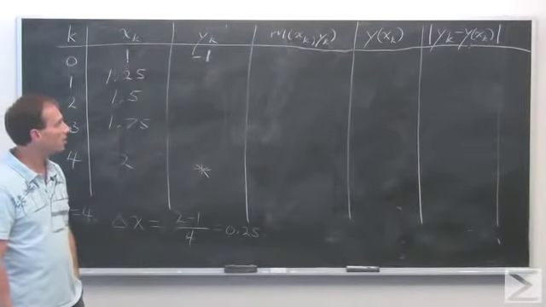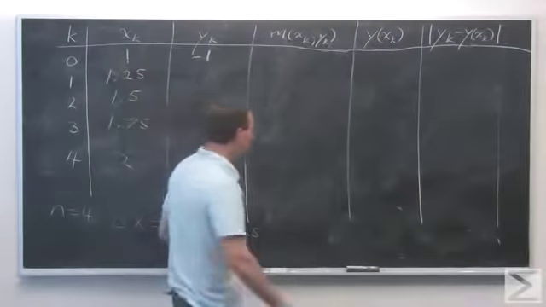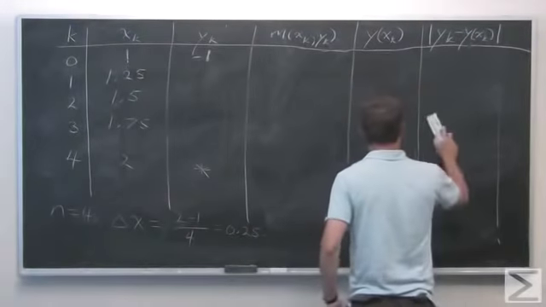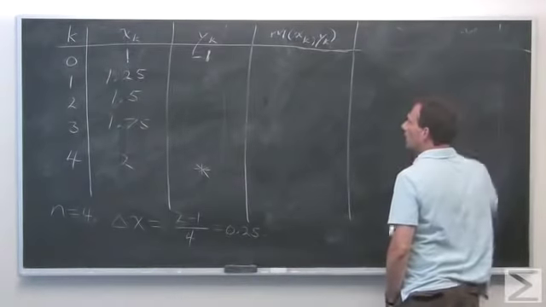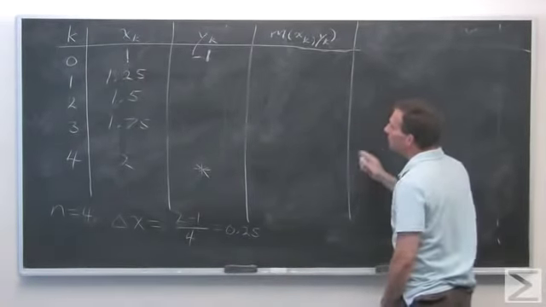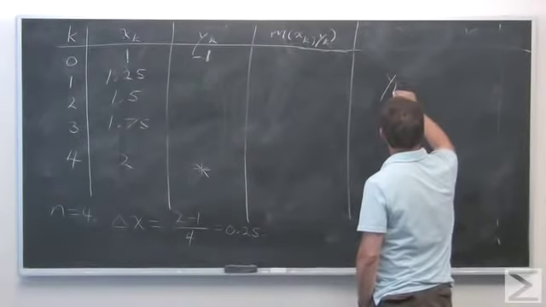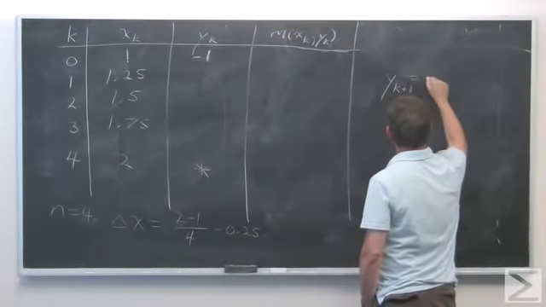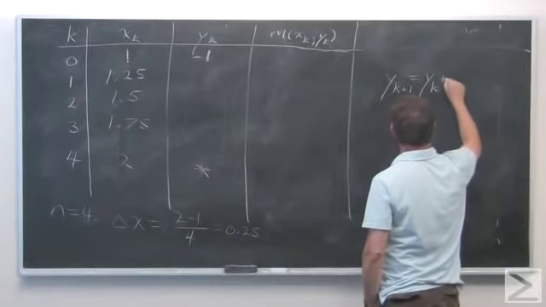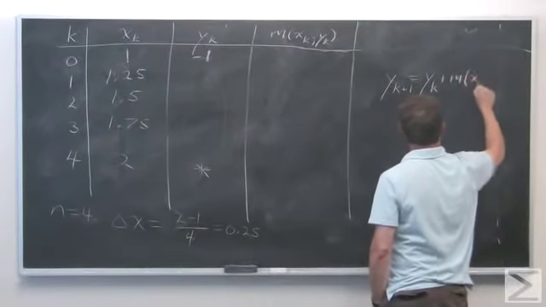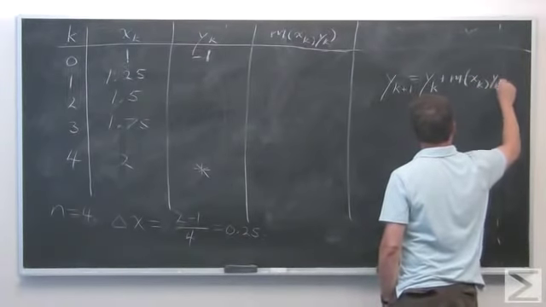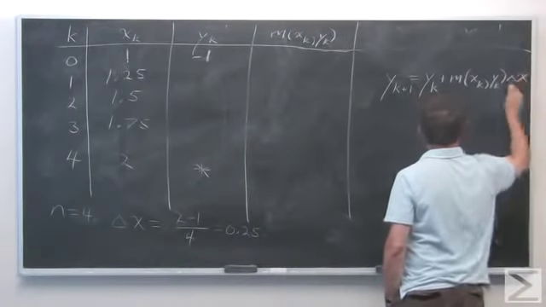How do we calculate those? Well, we keep using, I'm going to erase my error columns to give myself room, and I'm not going to fill them in anyway. But each time, the next y value is the previous y value plus the function evaluated at your previous x and y values, which you know, times delta x.